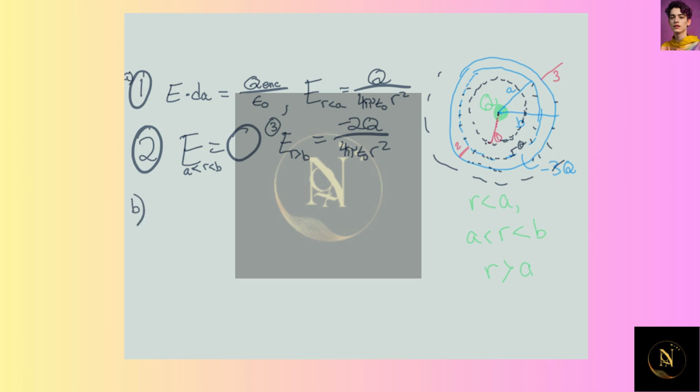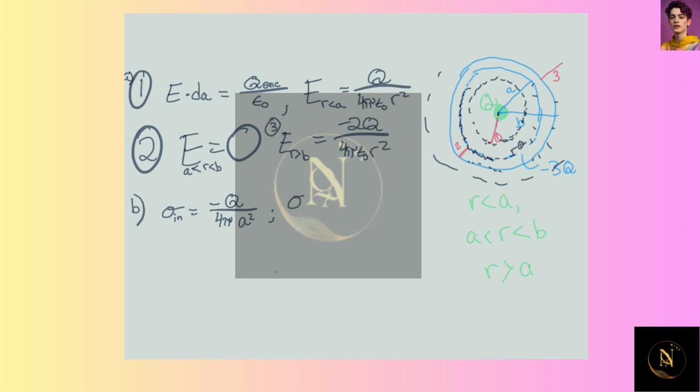The charge density on the inner wall of the shell is just the total charge, negative Q, divided by the area of the shell, 4 pi... nope, the inner shell was the A shell, so 4 pi A squared. This is for inner.